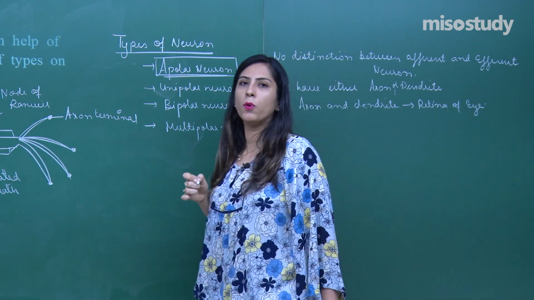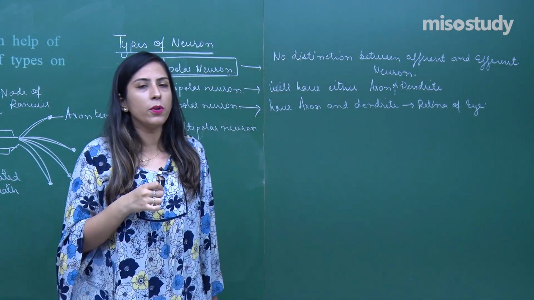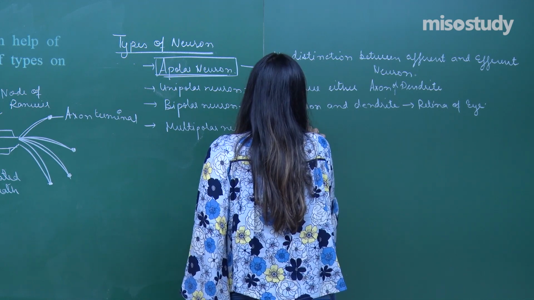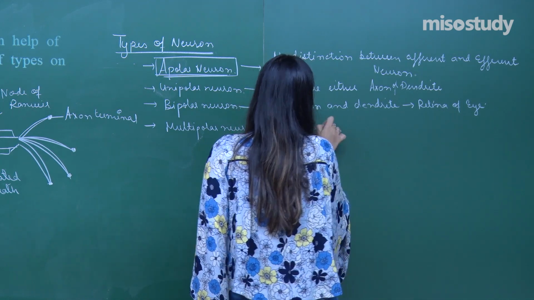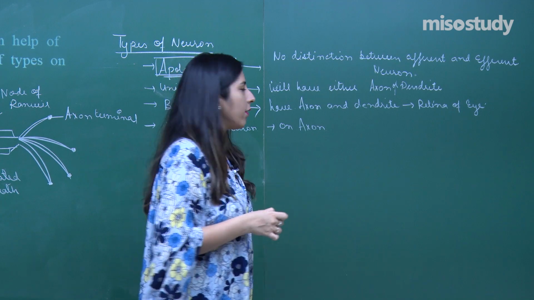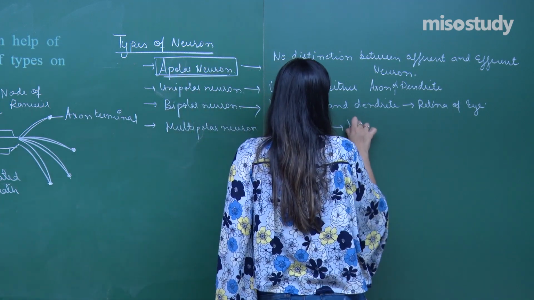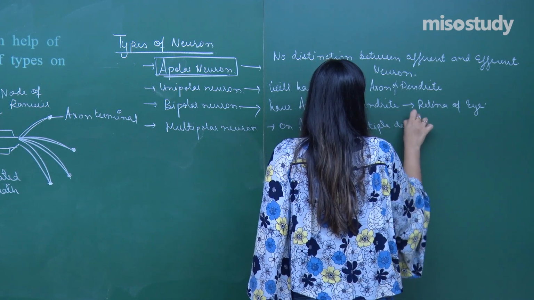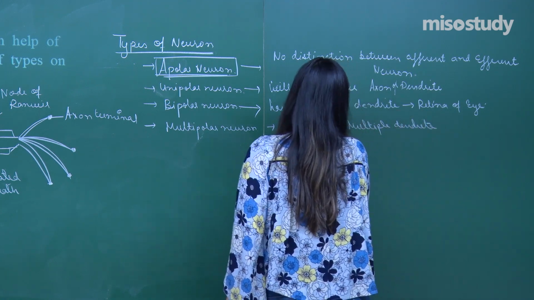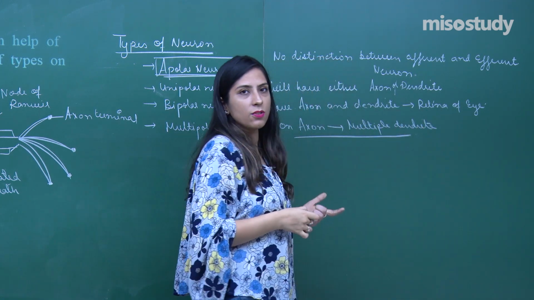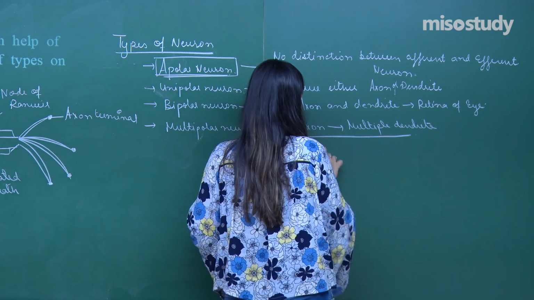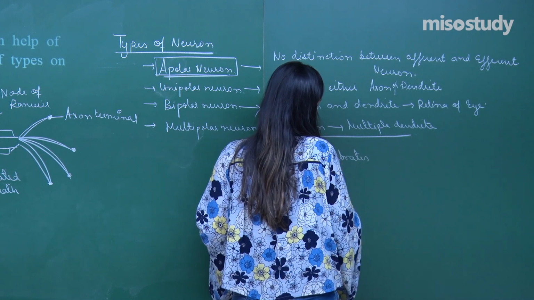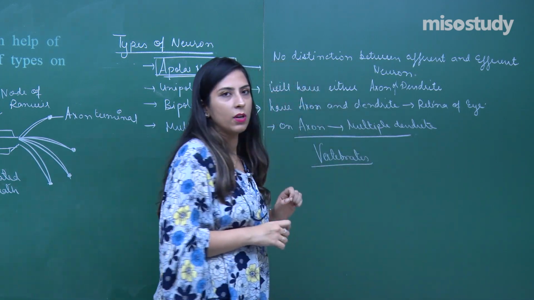Next is the multipolar neuron. In the multipolar neuron, one axon is present, and they have multiple dendrites. This is present in vertebrates.